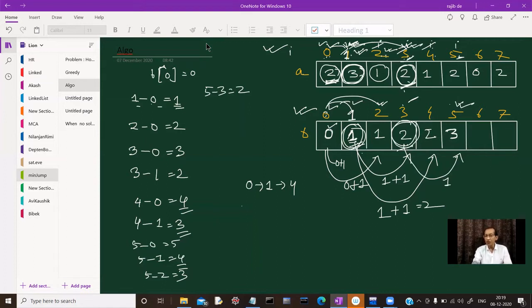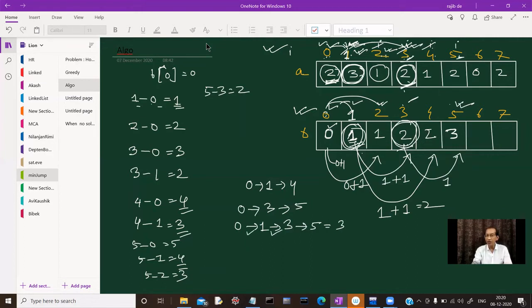From 0, you are going to 1, and from 1, you are going to 3, and from 3, you are going to 5. And that is the optimal solution you are getting for index location 5. That is 3, only 3 jumps.